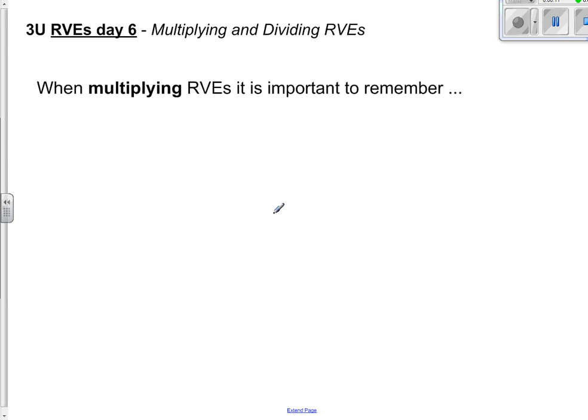When multiplying rational variable expressions, it is important to remember the following. Number 1, factor. That's why we spent 3 days on it. Factor the numerators and denominators.